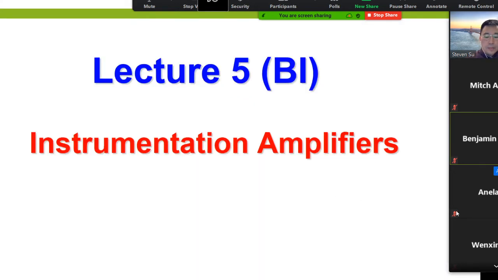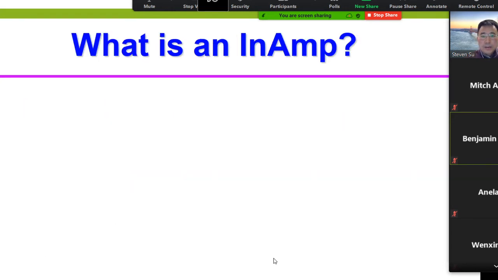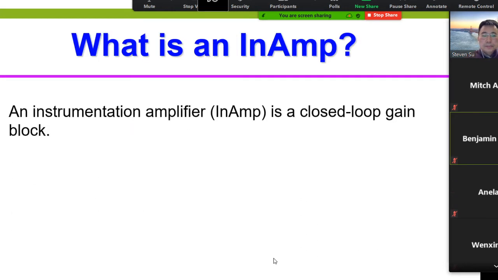So the instrumentation amplifier, you can simply treat it as a super op amp. This op amp has a very high common mode rejection ratio, as I mentioned before. So it's a closed loop gain block.